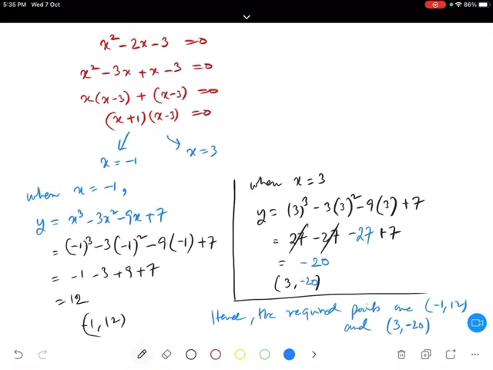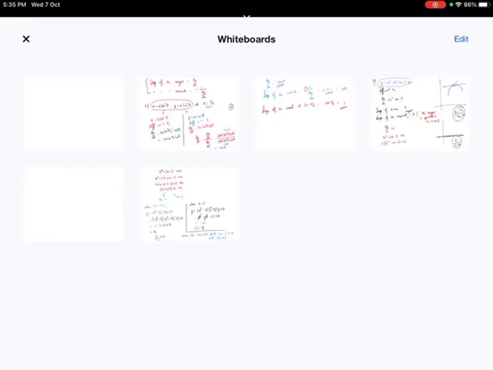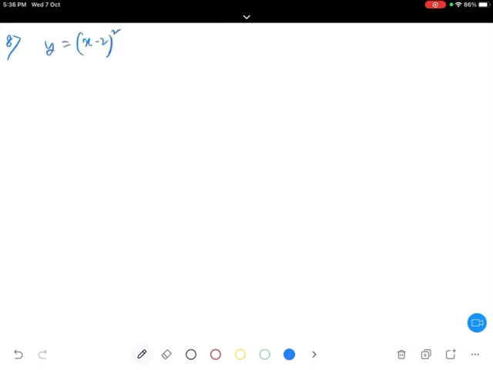Question number 7 is done. Let's do question number 8, a very important question. Find a point on the curve y is equal to (x minus 2) whole square at which the tangent is parallel to the chord joining the points (2, 0) and (4, 4).